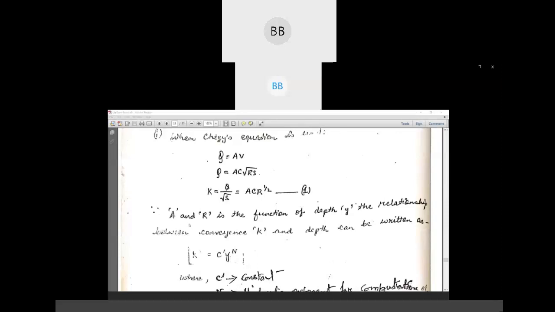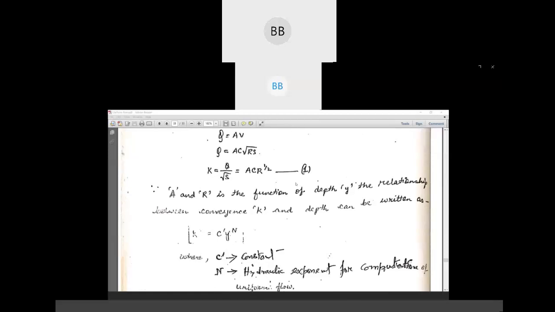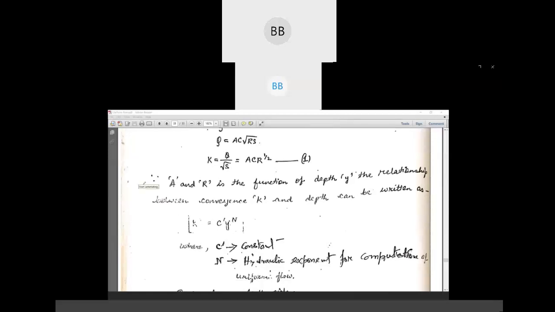Then you write, since A and R are functions of depth y, the relationship between K and depth. Area and hydraulic radius are always a function of y.